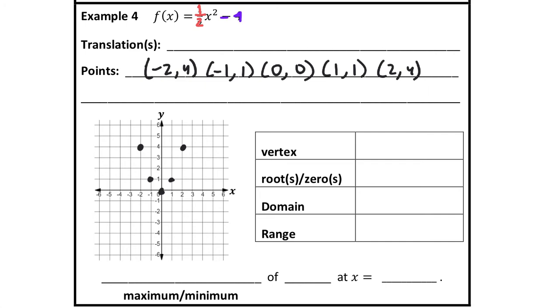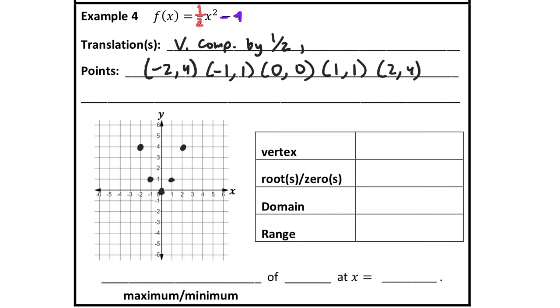So that means since 1/2 is less than 1, there is a vertical compression by 1/2.